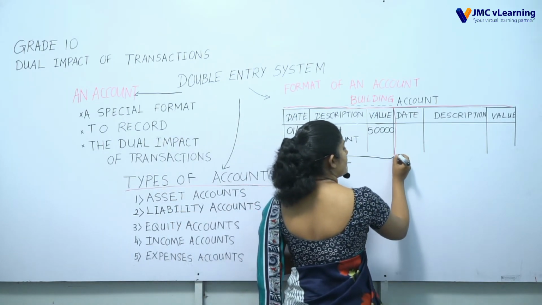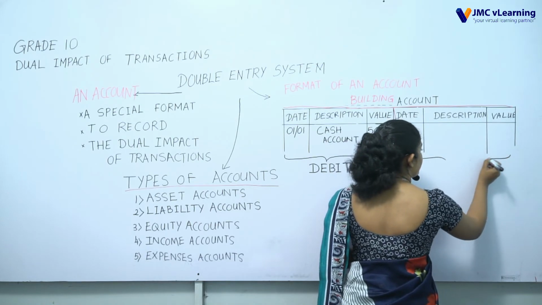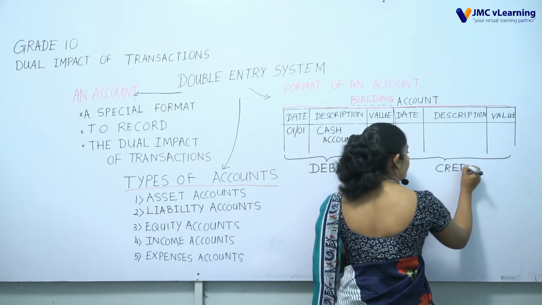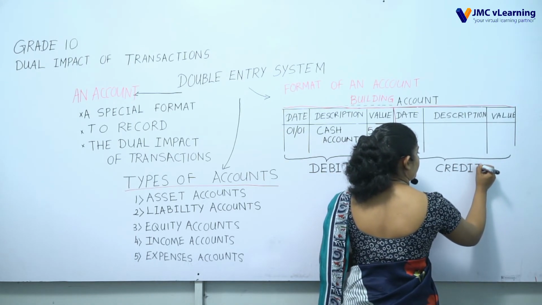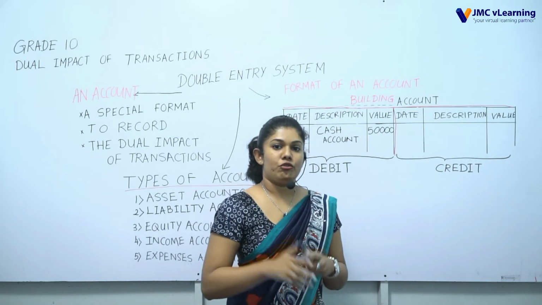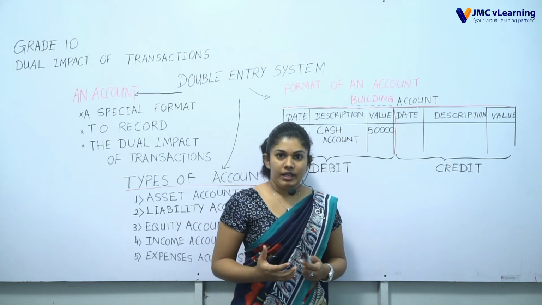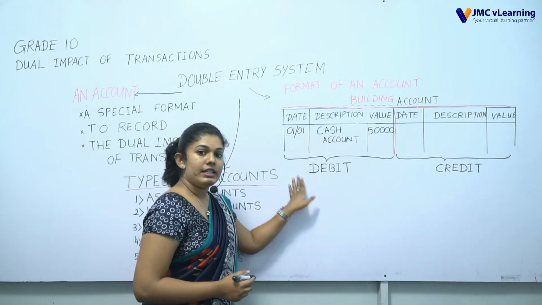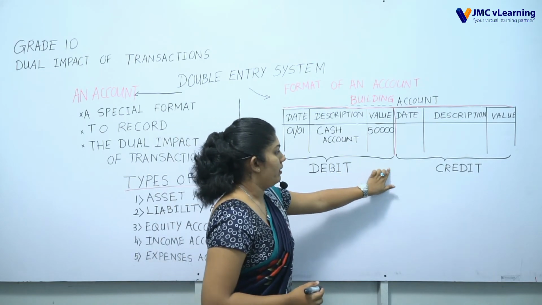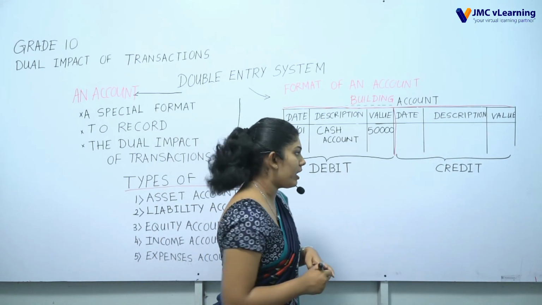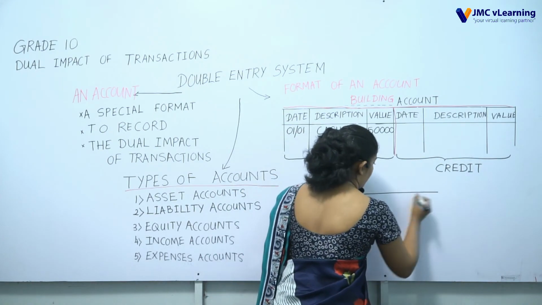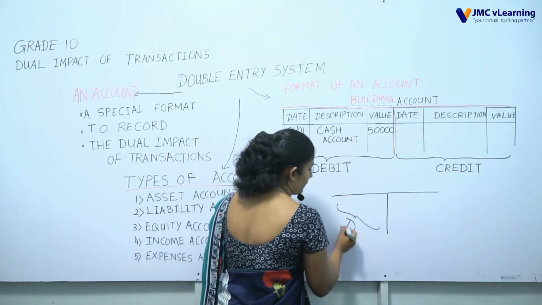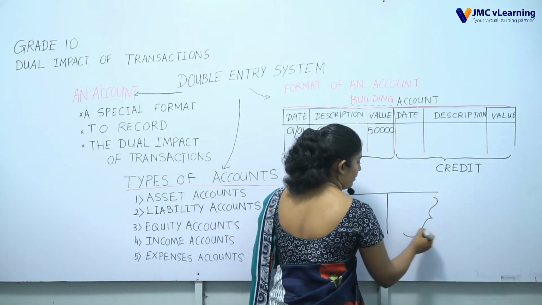And right side is called credit side. Just like we call our two hands left hand and right hand, the two sides of the account we call the left side debit side, right side credit side. In the T account also, if we draw a T account like this is debit side, this is credit side.